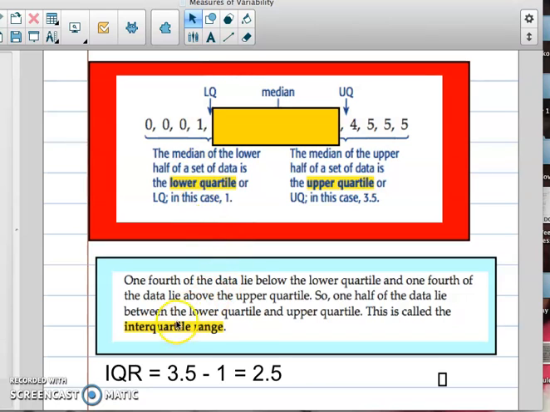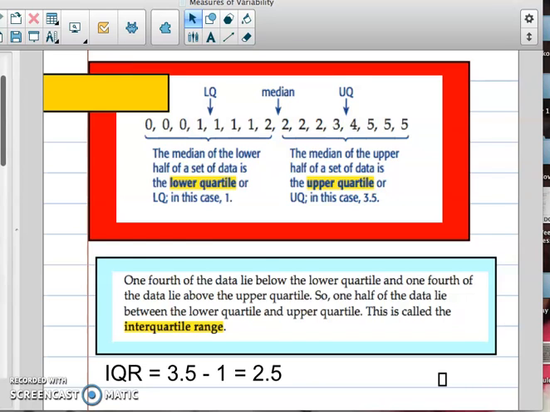So to get the interquartile range, remember this is 3.5 and that is 1. Since its range is highest minus lowest, 3.5 minus 1 gives you 2.5. So it means that the interquartile range of this data is 2.5. Okay?